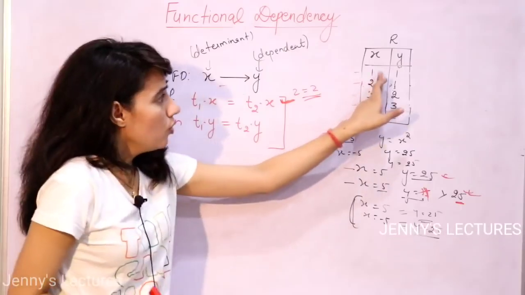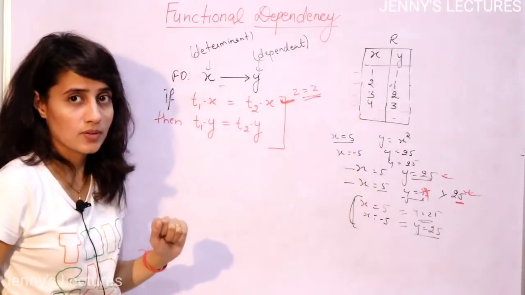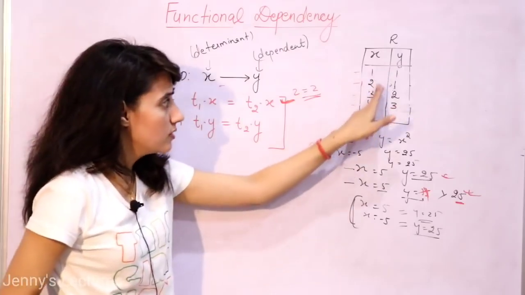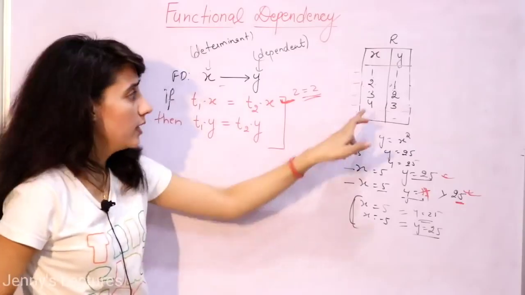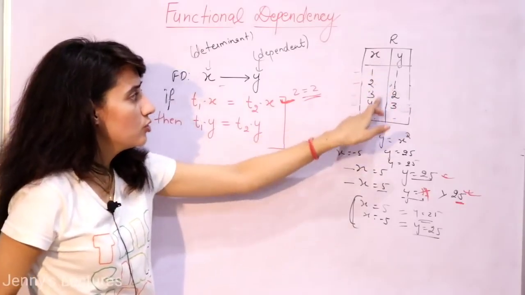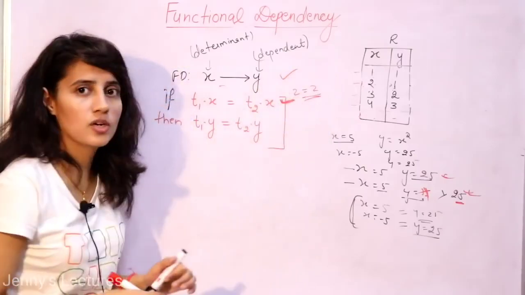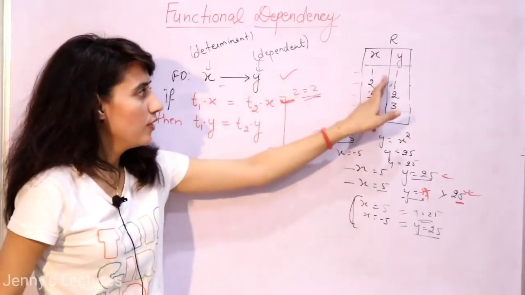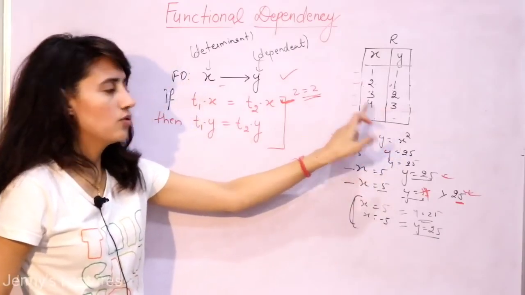It means no value of x is repeating. Only if the value of x is repeating do we care about the value of y. But here every value of x is unique, so this would definitely be a functional dependency. If every value of x is unique, then we can definitely determine the value of y from x.